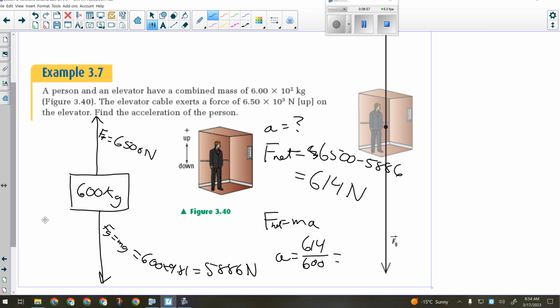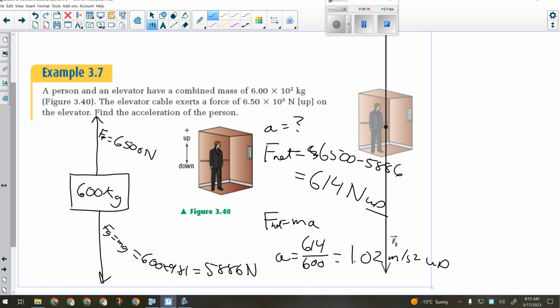We have 3 sig digs, right? Yeah, we do. So 1.02 meters per second squared up, because my net force is also up.